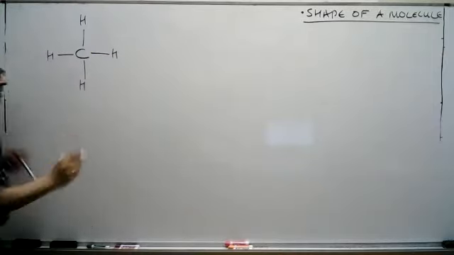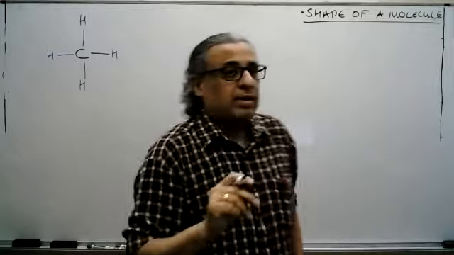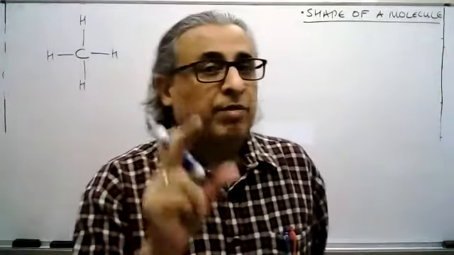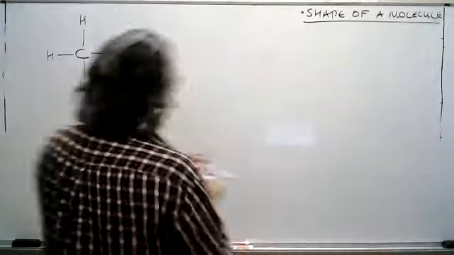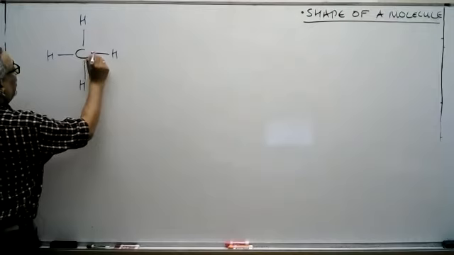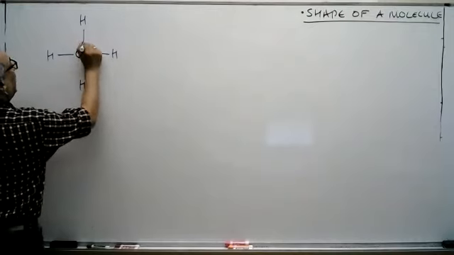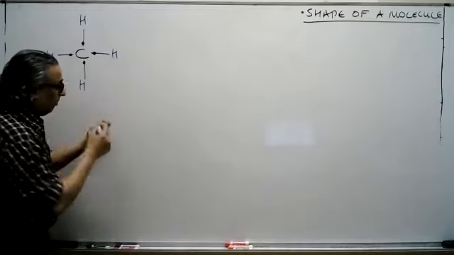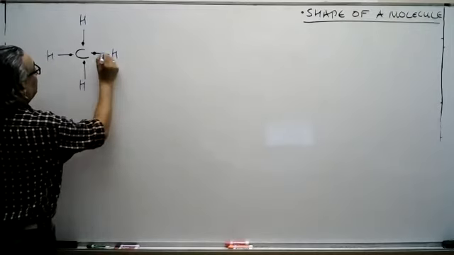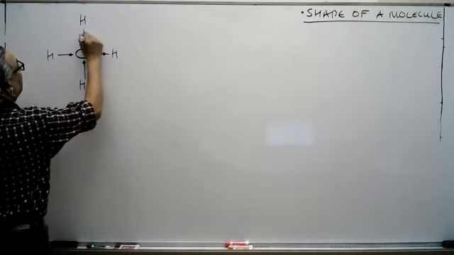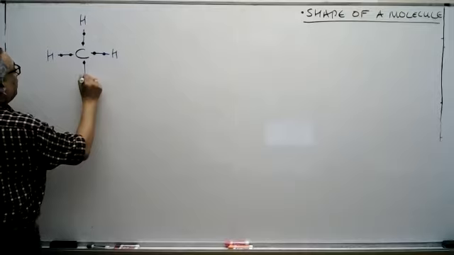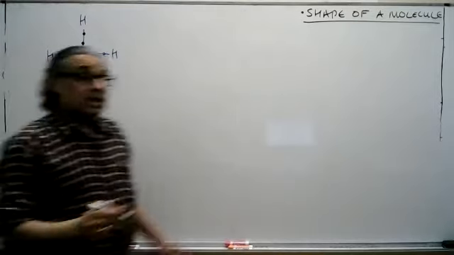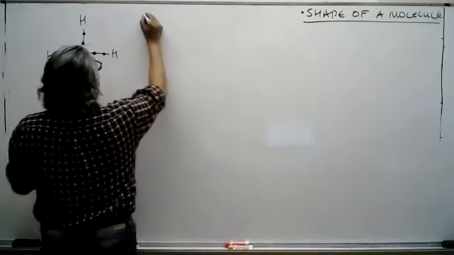Realize that each bond is made out of 2 electrons, right? A black electron from carbon and a blue electron from hydrogen. In real life, they're not black and blue, but this is for our better understanding. Each dot represents an electron.